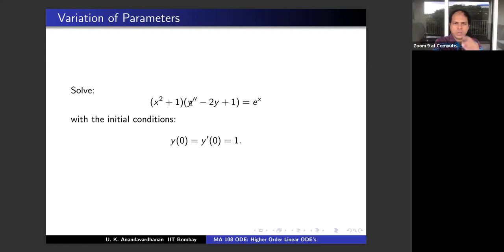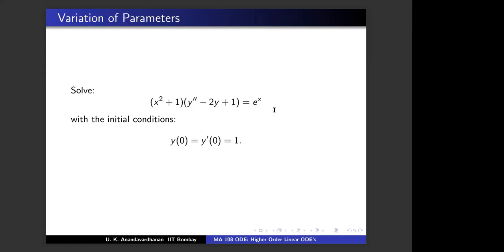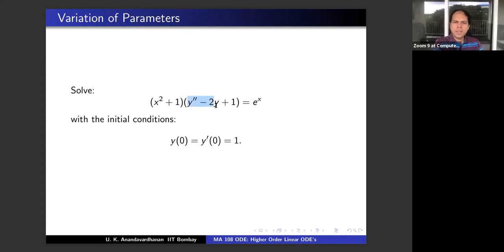You have to write this as y double prime minus 2y plus 1 equal to e power x by x square plus 1. So thank you for pointing out, but that's not the final equation. The equation is y double prime minus 2y equal to e power x by x square plus 1 minus 1. Correct? So y double prime minus 2y equal to 0 is the homogeneous part.